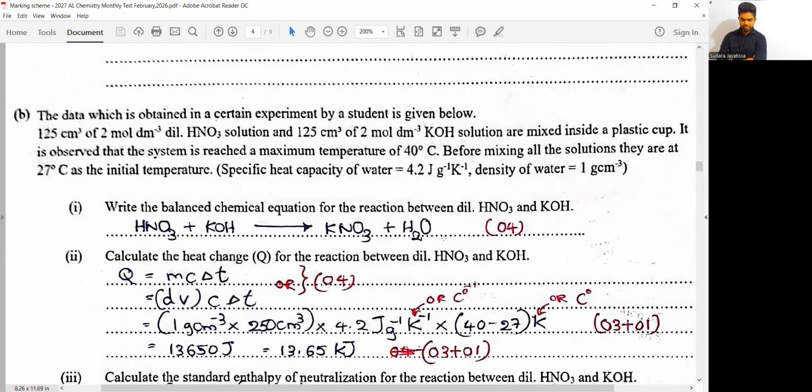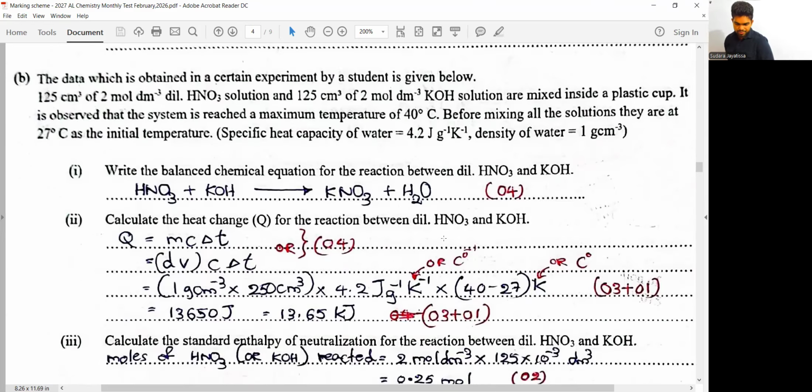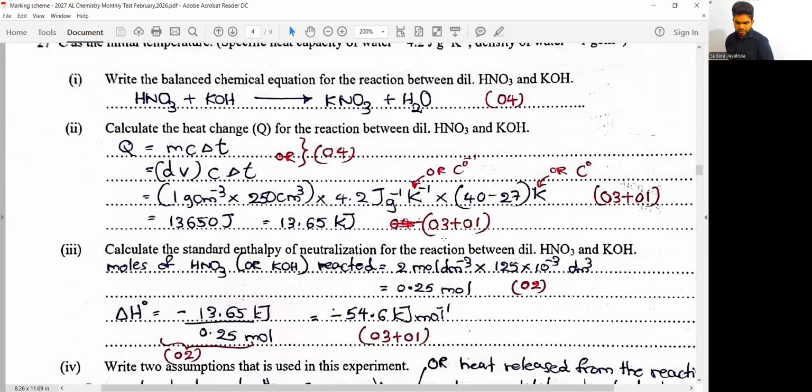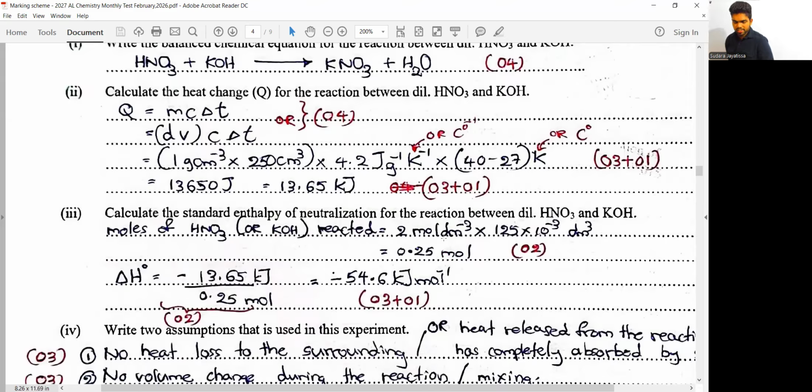Right, so anyway, you will get 13.65 as the kilojoule value. You need to do a little bit of simplification. After that, they are asking you to calculate the neutralization enthalpy change. When you are finding the enthalpy change, you need to divide the heat change by the moles that caused it.